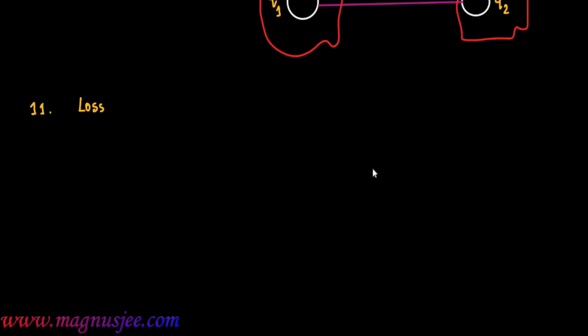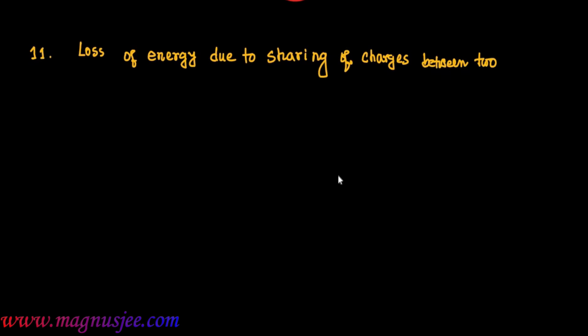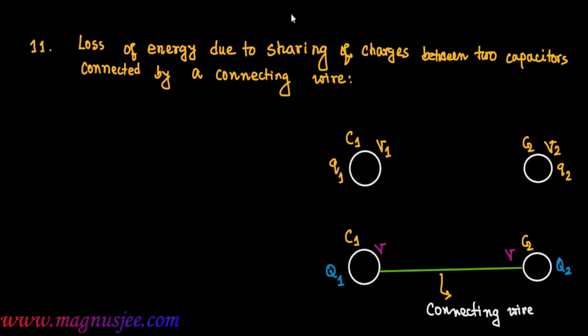Next, formula number 11. Loss of energy due to sharing of charges between two capacitors connected by a conducting wire.